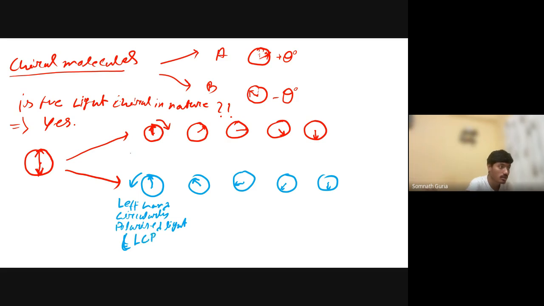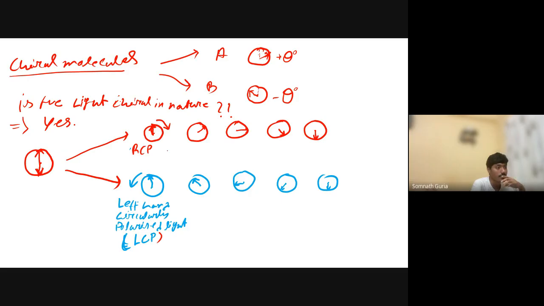And this is called RCP, right-hand circularly polarized light. So now we can say this plane polarized light is divided into two: one is the left-hand circularly polarized light, and the other is the right-hand circularly polarized light.